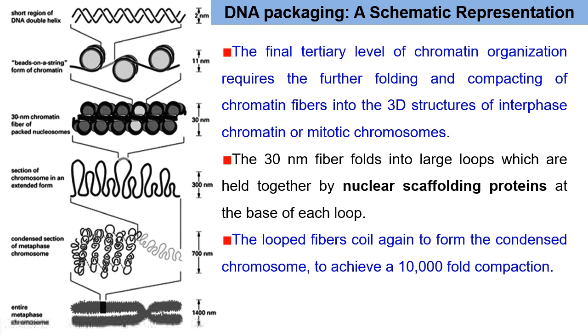The looped fibers further coil again to form the condensed chromosome in order to achieve a 10,000-fold compaction. So these three levels of chromatin organization ultimately lead to the packaging of DNA inside the nucleus of a eukaryotic cell.